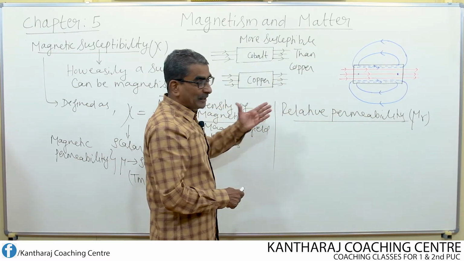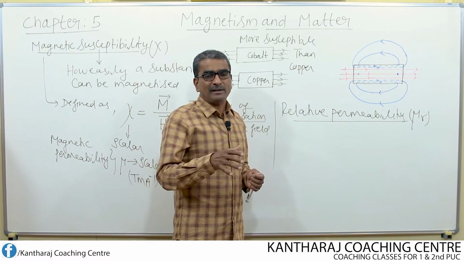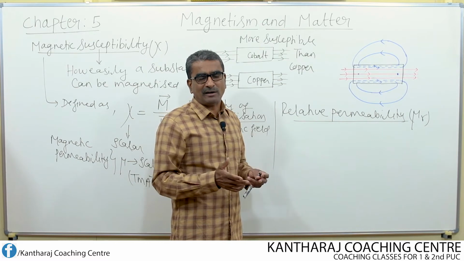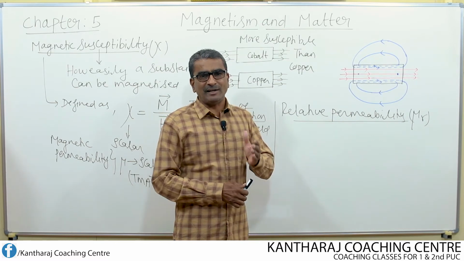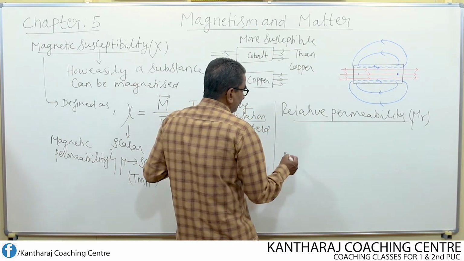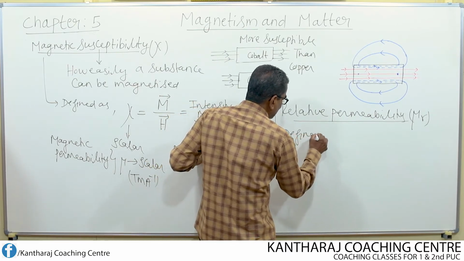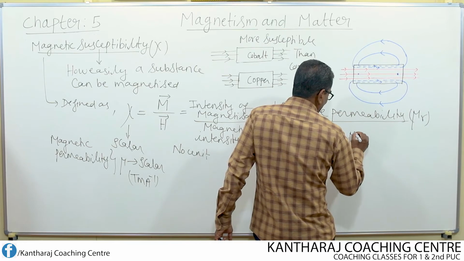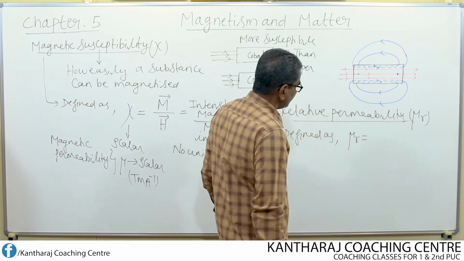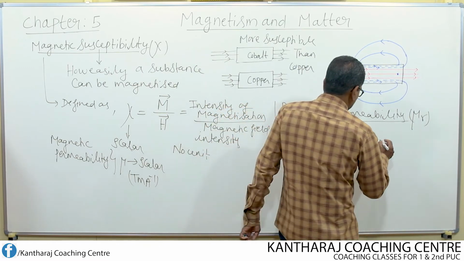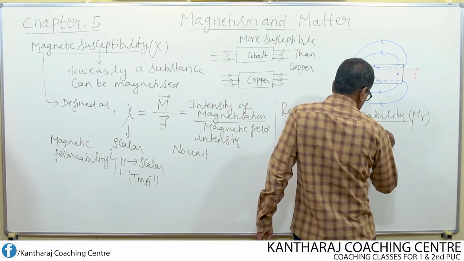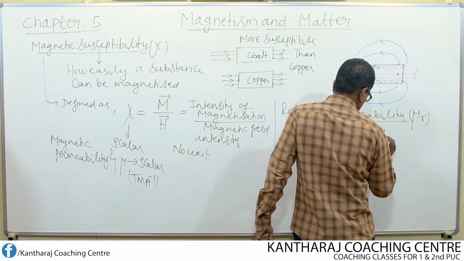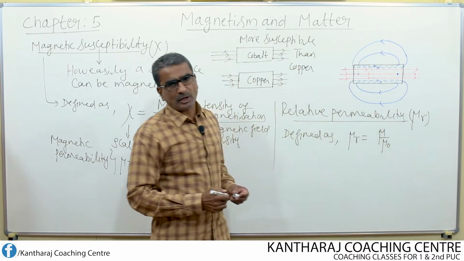Similarly, if I find the permeability of iron and compare it with that of its surrounding medium, for example water or air, then it becomes once again a relative permeability. So here it is defined as, I write the mathematical definition: mu r equals mu divided by mu naught.